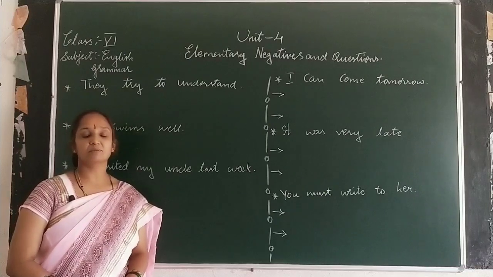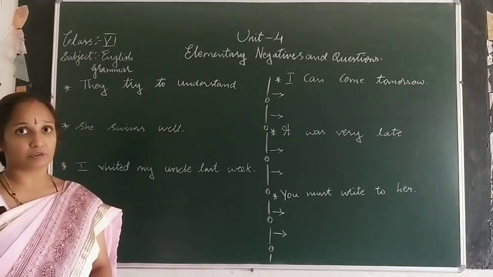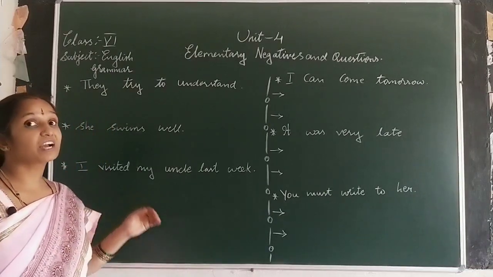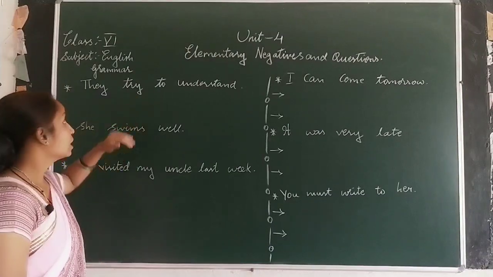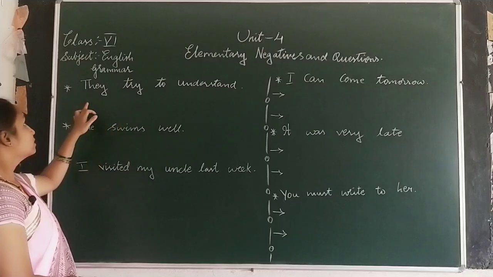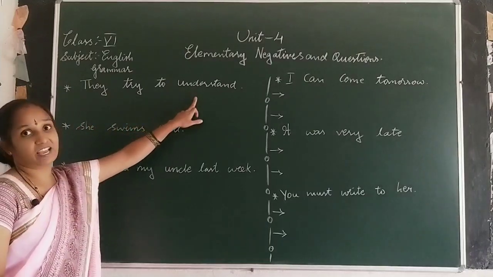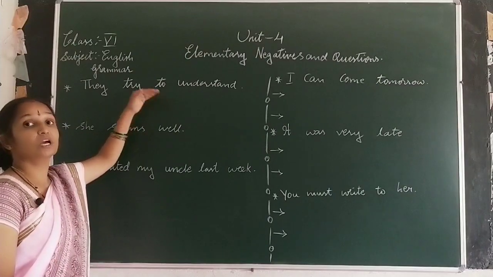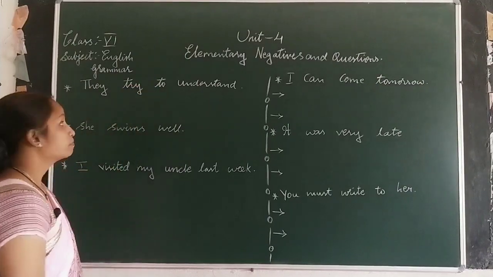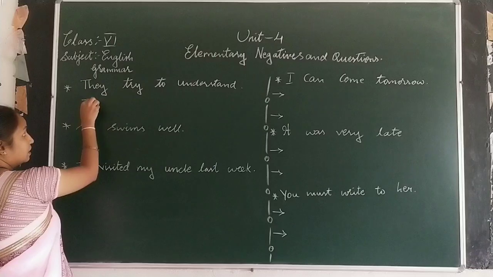So here are some examples of to do verbs. How to write the to do verbs in the statements. Here is the statement: They try to understand. For this statement we have to use a do verb. How? Let us see here.